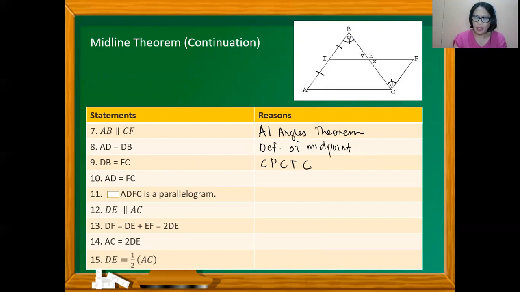Now, we can say that AD equals FC. So by working on the previous two statements here, since the left side equals the right side and they have DB here and DB here, we can conclude that AD equals FC. And this is under transitive property.